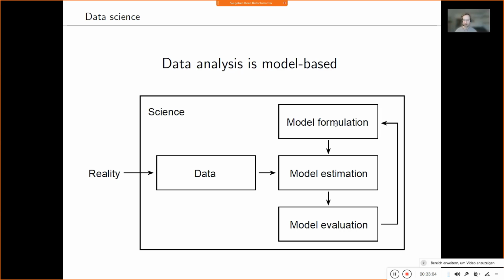So, but everything is model-based. You will not find any kind of data analytical technique in machine learning, artificial intelligence, or statistics that is not model-based. If you find one, let's discuss it, and I will show you the model in it.